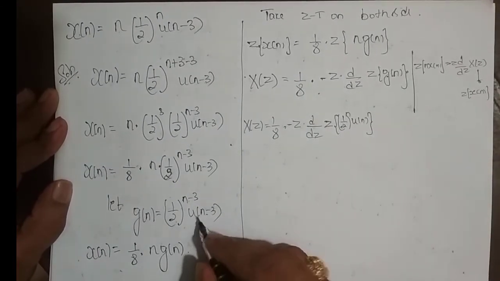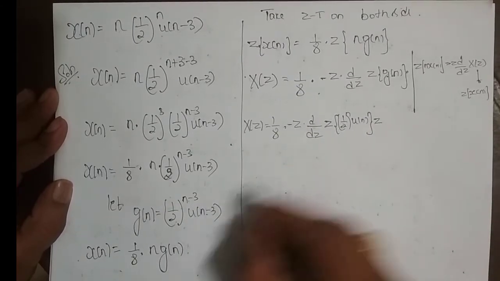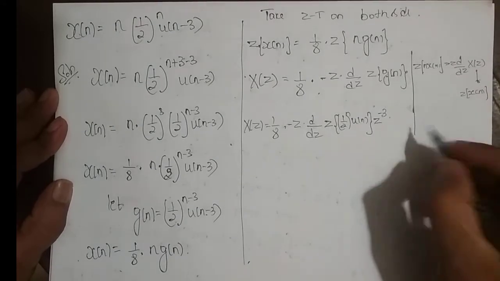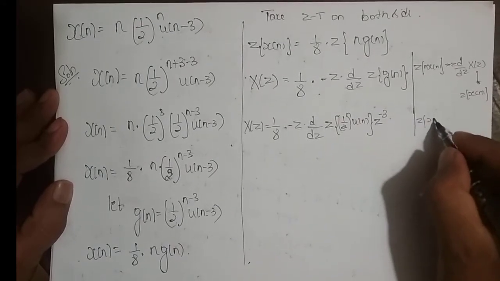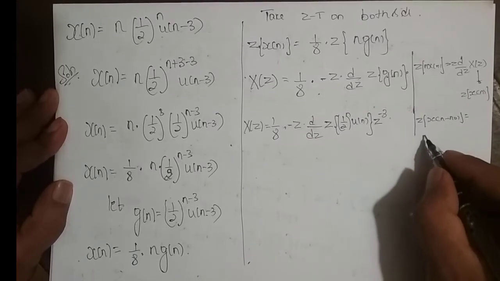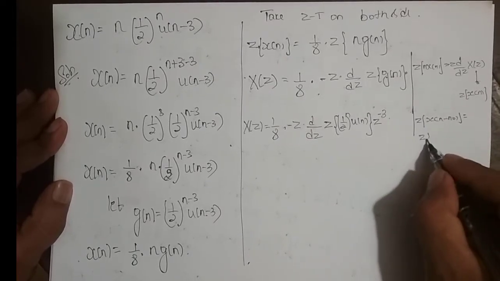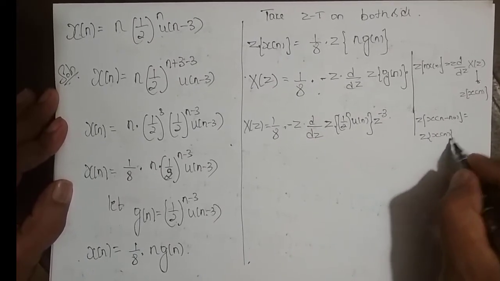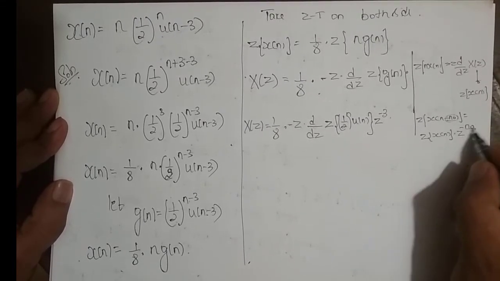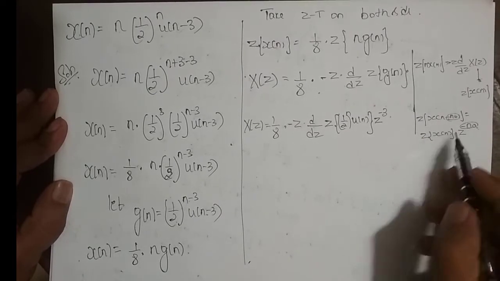The unshifted version of the signal has to be multiplied with z power, how many times it is shifted? 3 times, right? So minus 3. So in the sense, Z transform of x of n minus n naught, the shifted version of the signal, can be written as Z transform of the unshifted version of the signal x of n multiplied with z power minus n naught. So this has to be put here. This is how I used it here.